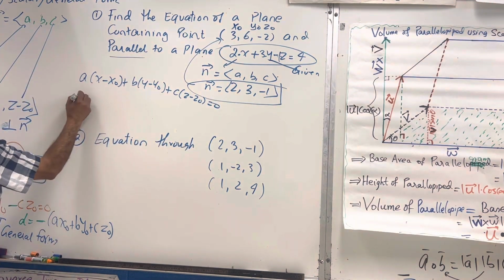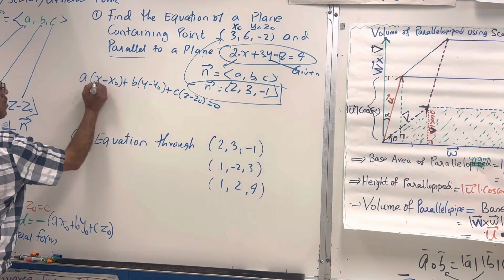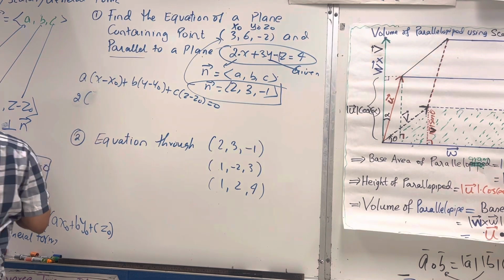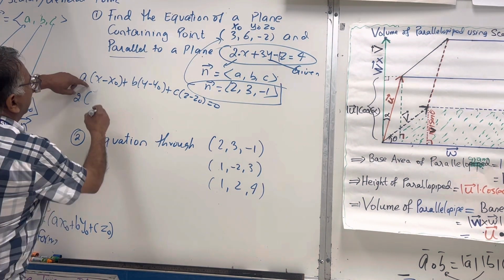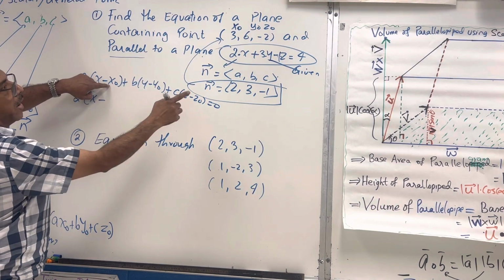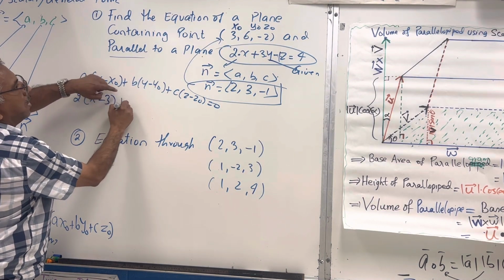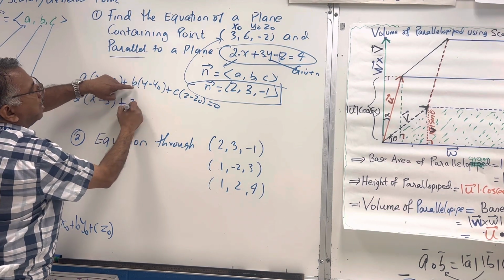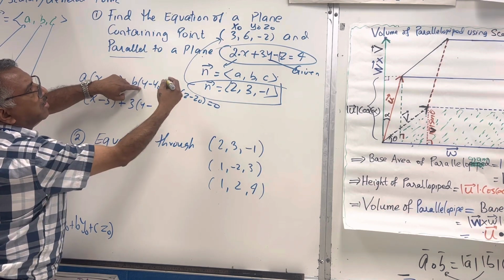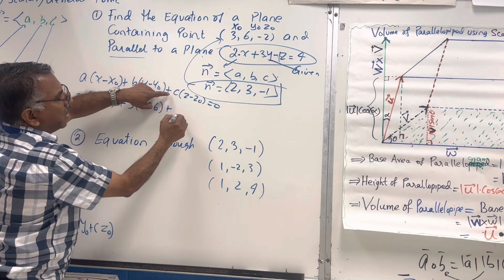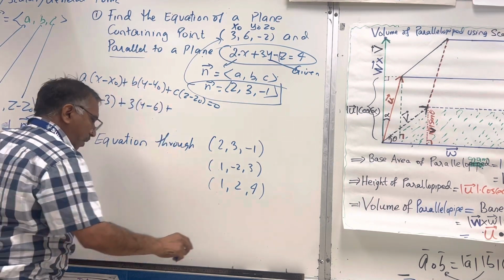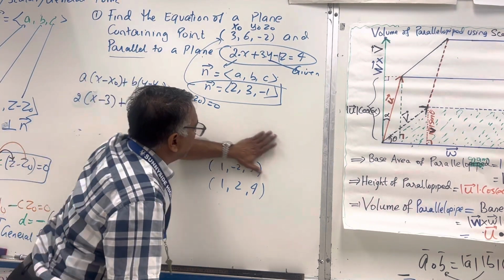And then you write, okay, a is 2, so it is 2 times (x minus x naught) plus 3 times (y minus y naught). So you just plug in those x naught, y naught values. I'm doing it fast. And this problem, I'm going to do another video on this.